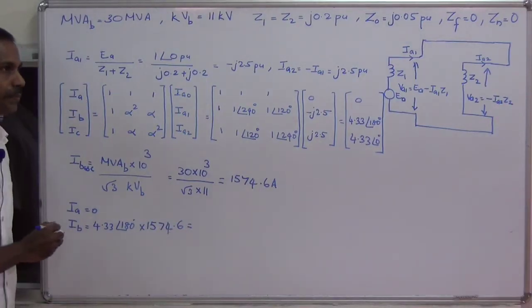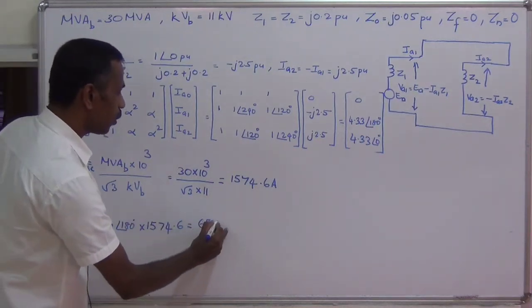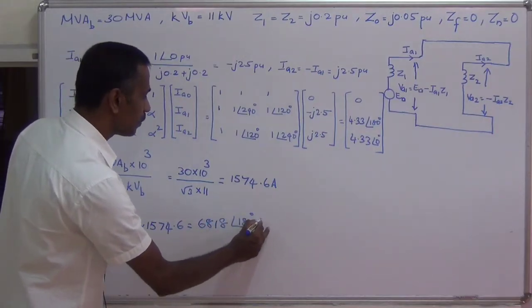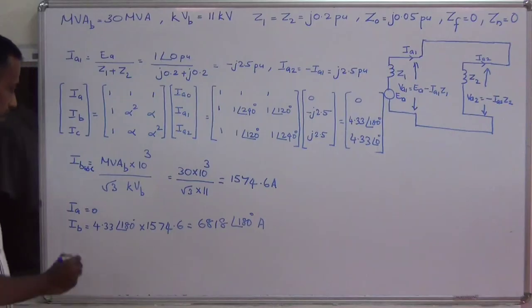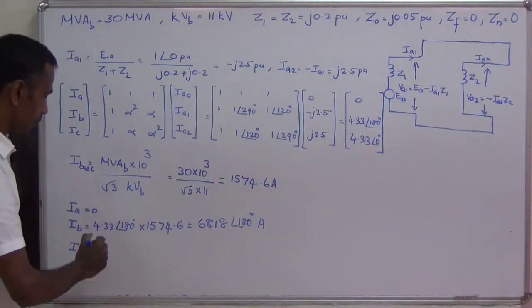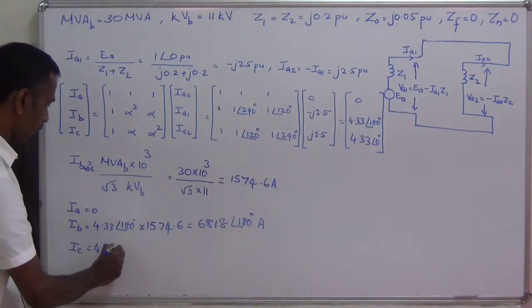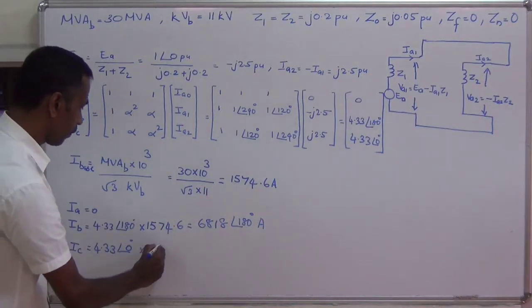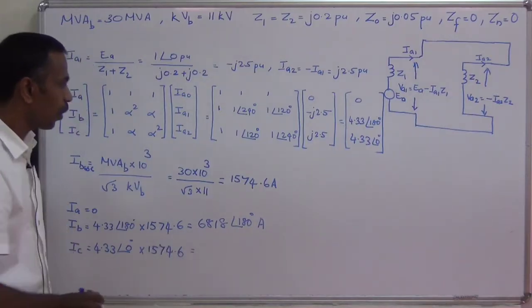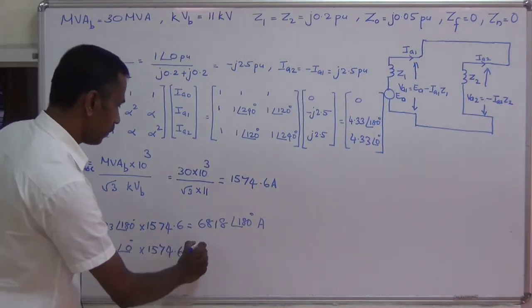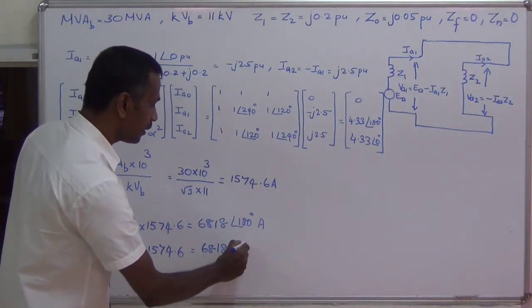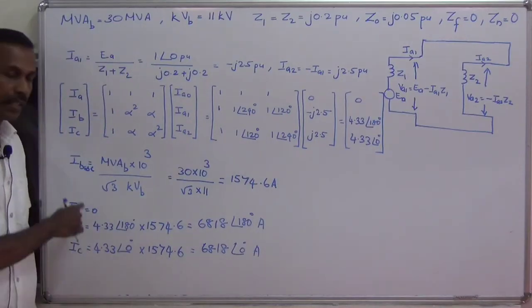So IB equals 6818 angle 180. This is our B phase current. And the C phase current equals the per unit current into the base current, and this is equal to 6818 angle 0. So these are the phase currents.